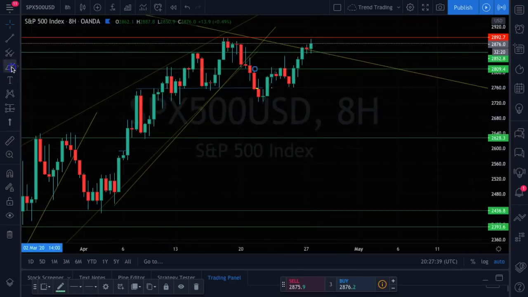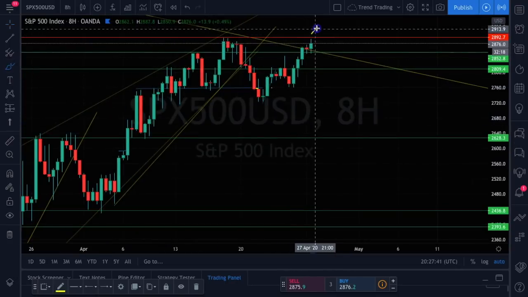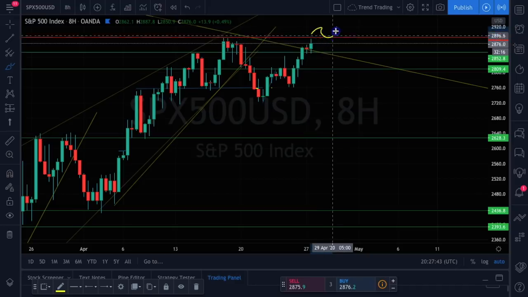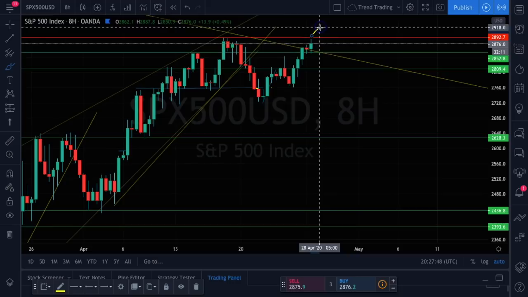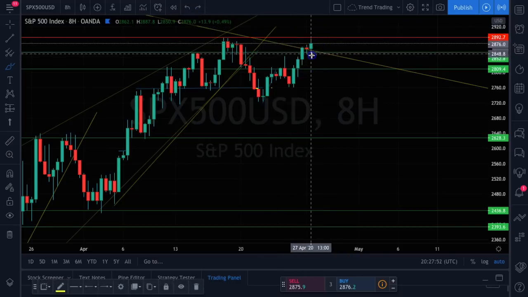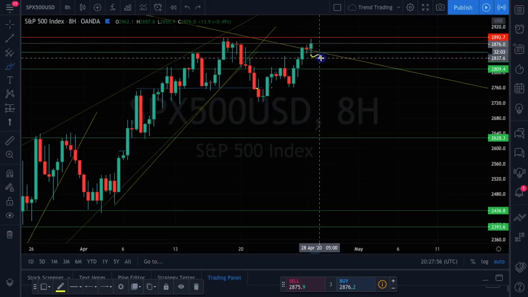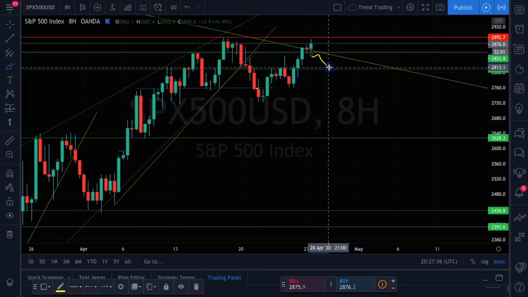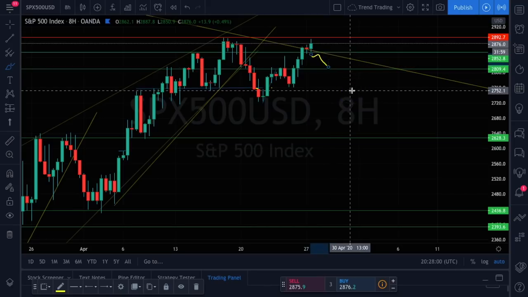If we break out above and flip this strong resistance into support, I'm looking to get involved. On a breakout overnight above, I am not doing anything and I'm waiting. On a breakdown of this level, if intraday we flip that into resistance, at that point, there is a trade for me in the next 12 to 24 hours that I'll be interested in taking.